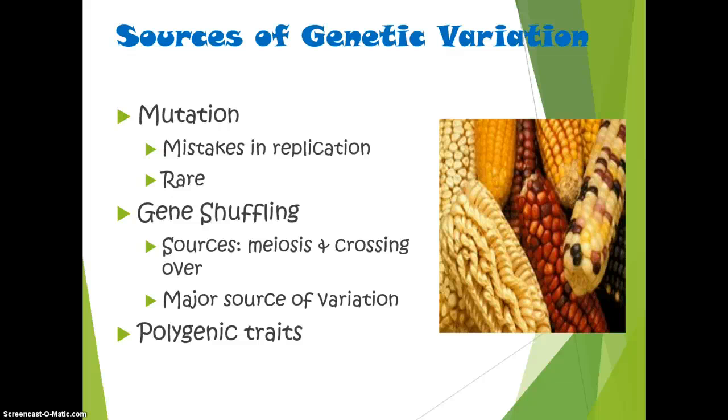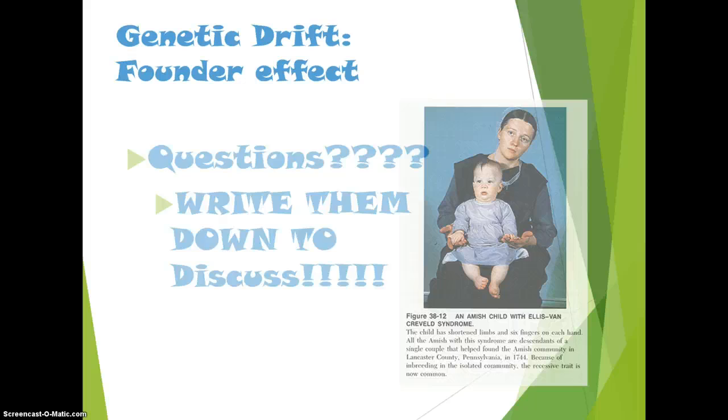Whereas since we had lots of different colors, that population still survived, but you saw how those frequencies of genes changed for those colors. Polygenic traits, these are controlled by many genes. In our notes we discussed skin color as an example.